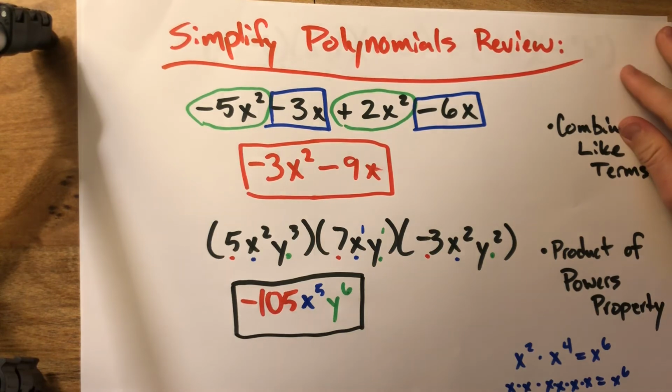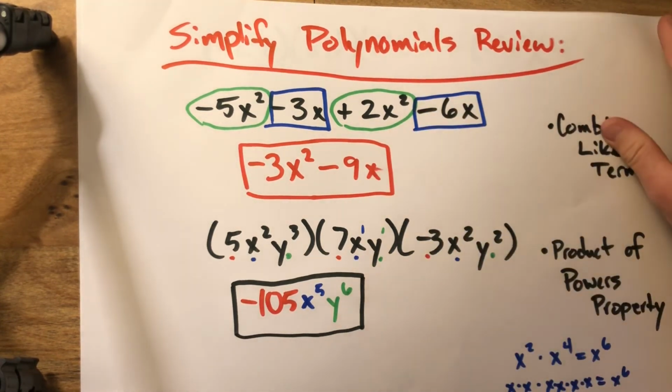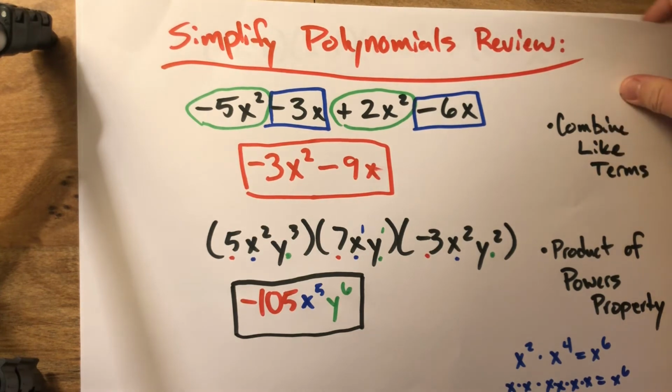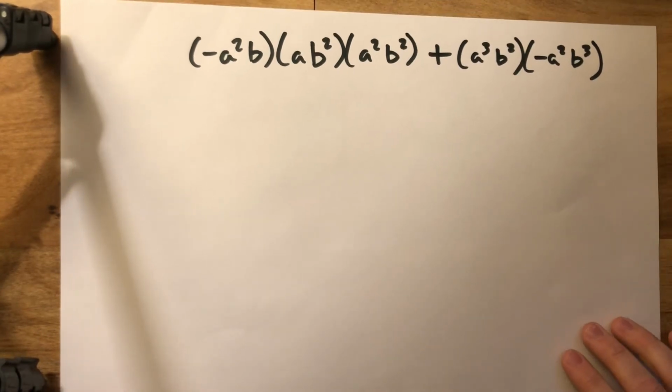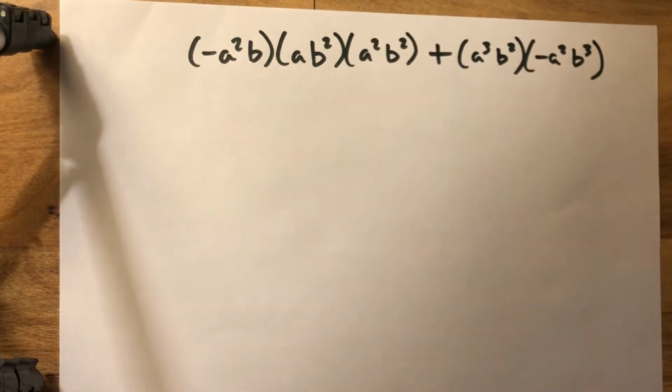How are we going to use this? We're going to use this in some problem-solving terms. We're actually going to put both of these together with something like this. So now we have negative a squared b times ab squared times a squared b squared.